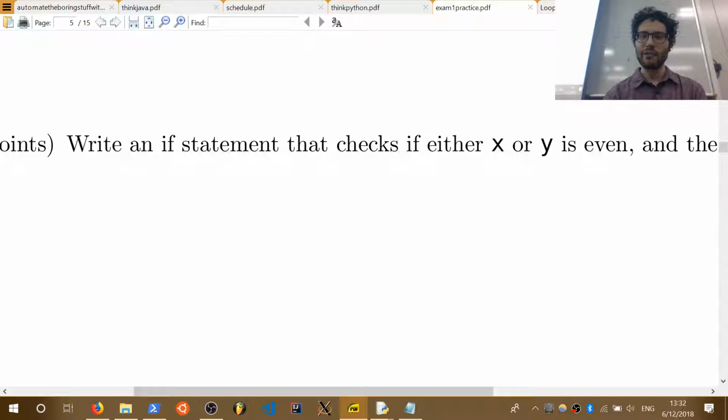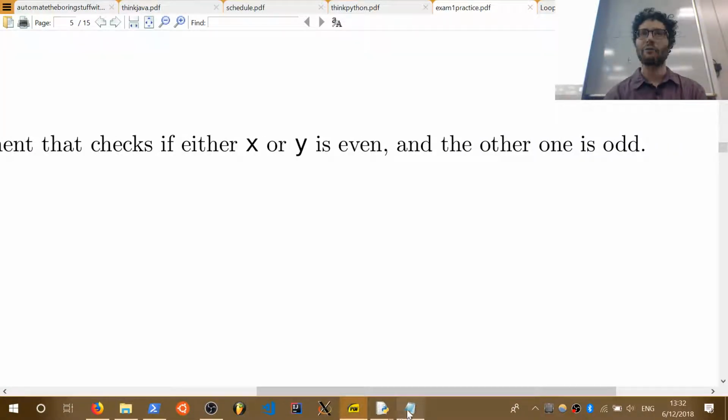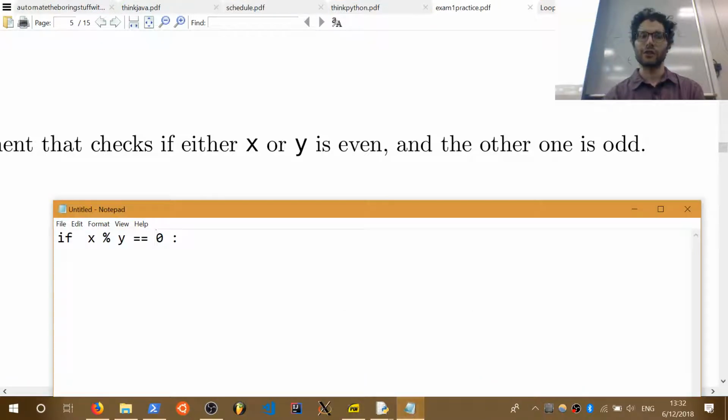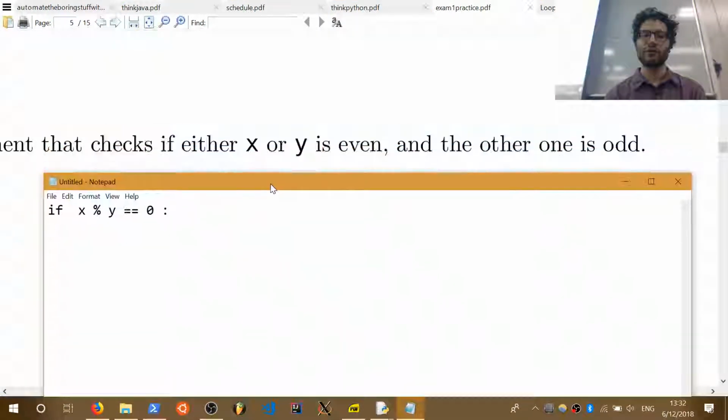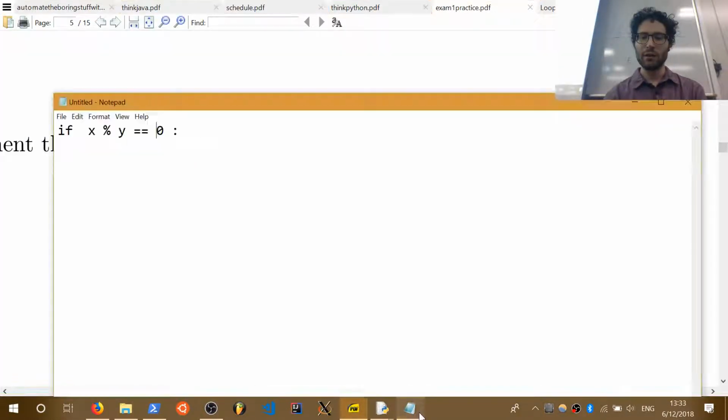Okay, write an if statement that checks if either x or y is even and the other is odd. This one's always a bit tricky to do. Basically, you have to check if x is even and y is odd, or if y is even and x is odd.